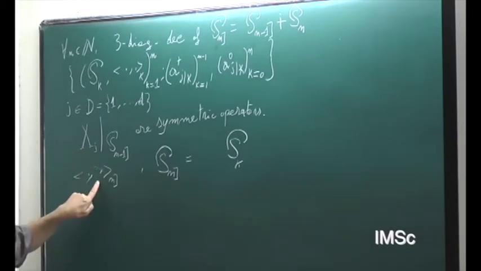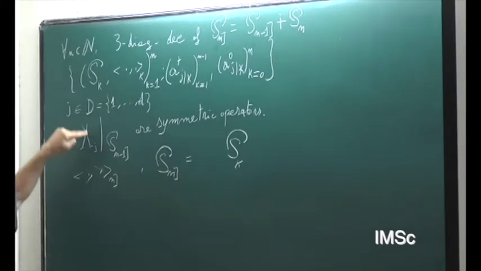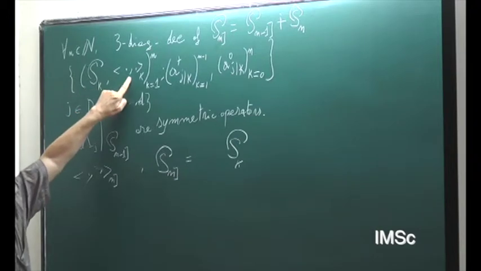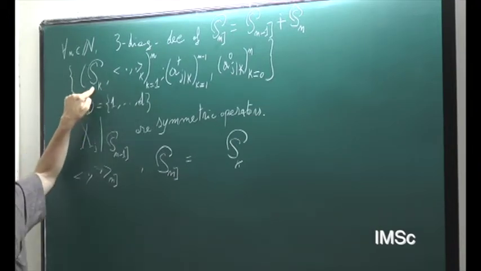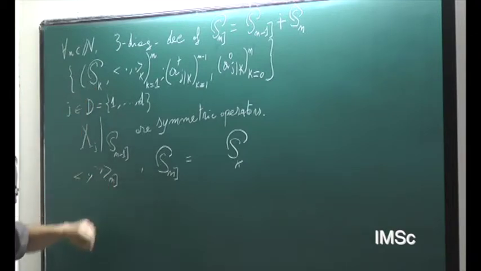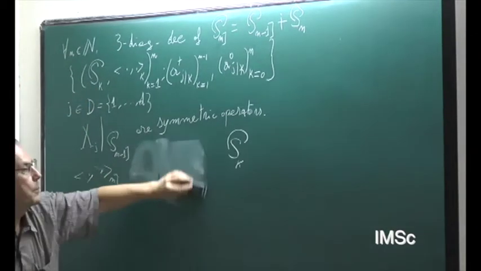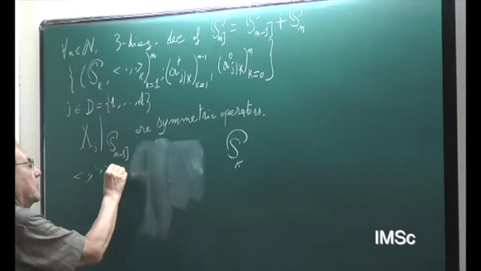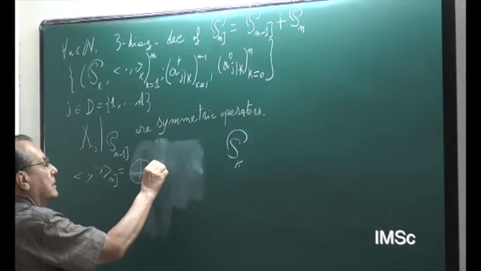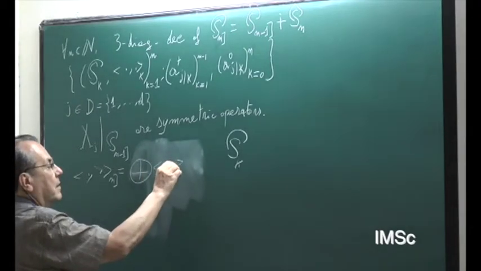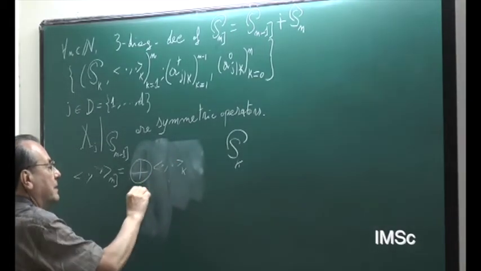When I have these scalar products on each of these spaces, I can define a unique scalar product by taking the direct sum of the single scalar products, the orthogonal sum.